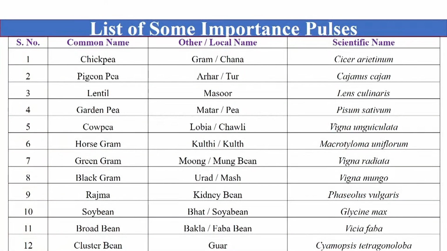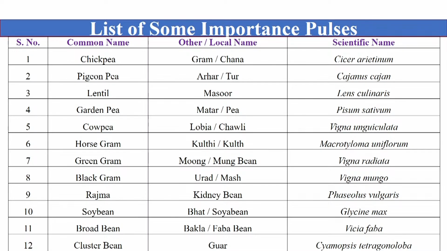Dear learners, here is a list of important pulse crops. Chickpea, also known as gram or chana in Hindi, botanical name Cicer arietinum. Next is pigeon pea, arhar or tur dal in Hindi, botanical name Cajanus cajan.